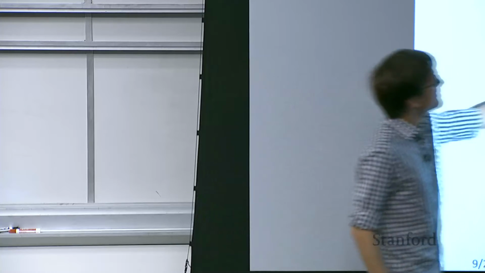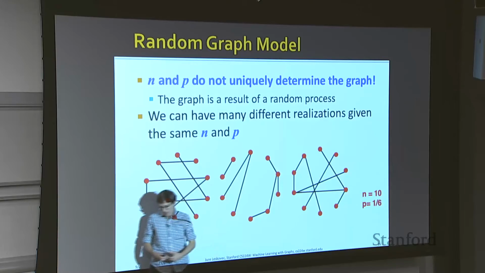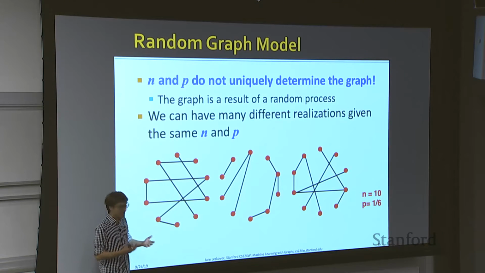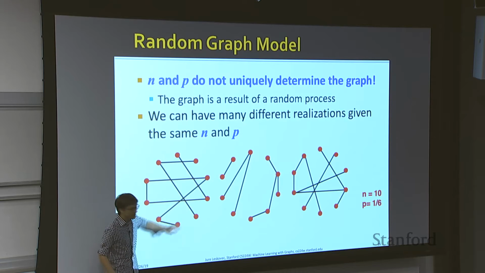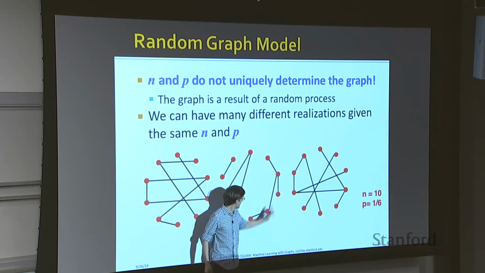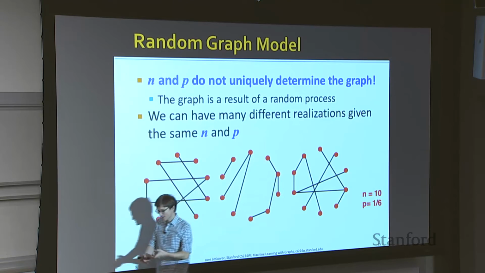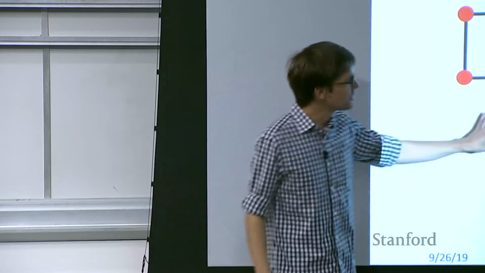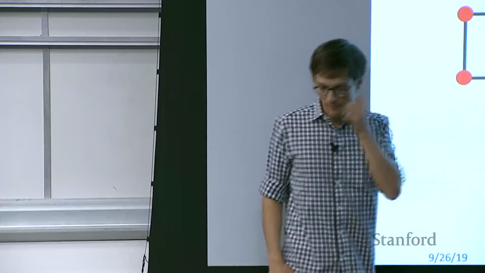So if I pick some parameters n and p and generate graphs, these graphs will look different, and will also have a different number of edges. They will all have the same number of nodes, but they will be a bit different because all these edge events are stochastic, random events. So what we will do next is show you properties of this particular graph model.